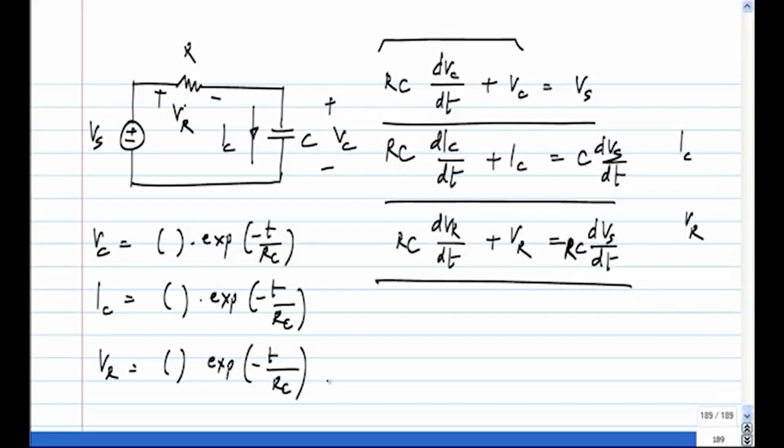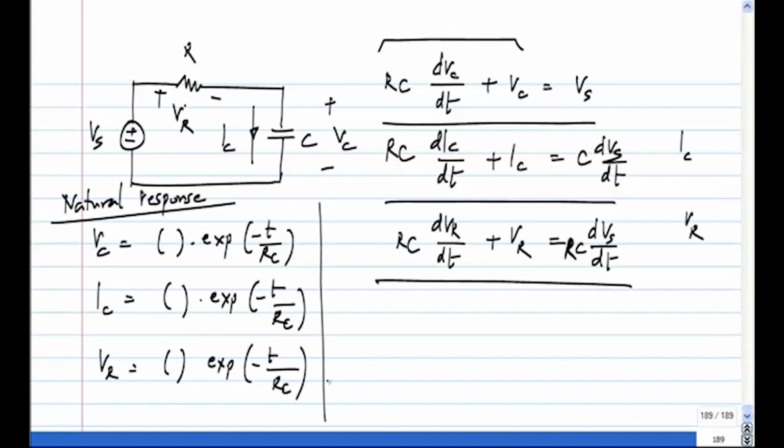These are the natural responses or transient response or the homogeneous solution. Now, this is a general property of any circuit, and this has nothing to do with the first order differential equation either. It turns out that for higher orders you will get combinations of exponentials.